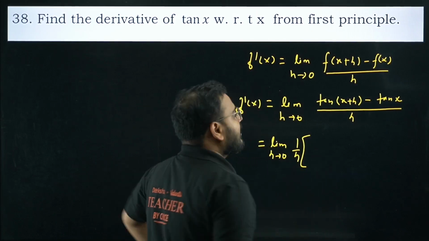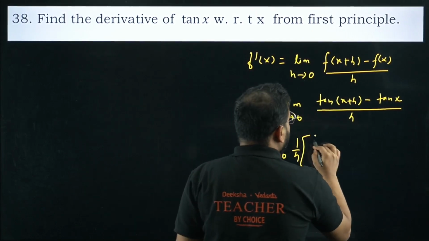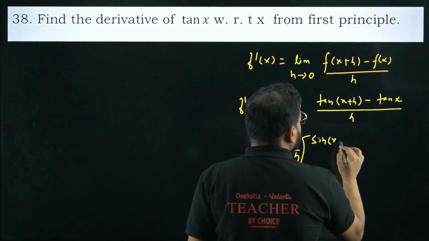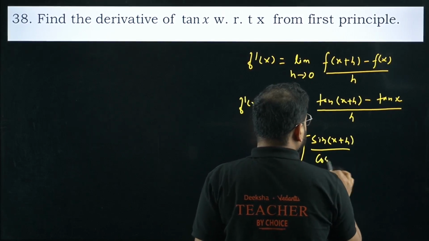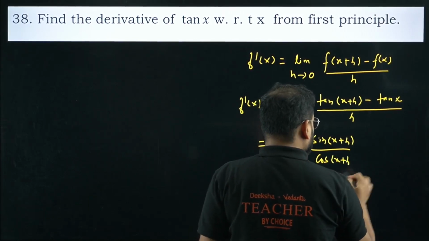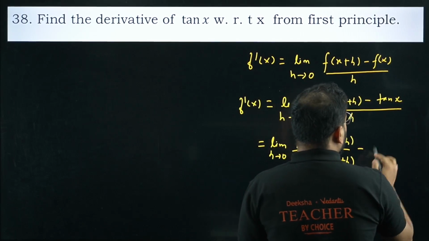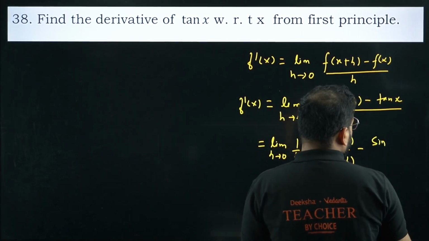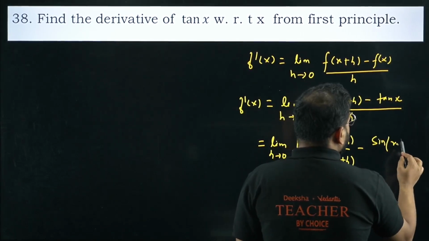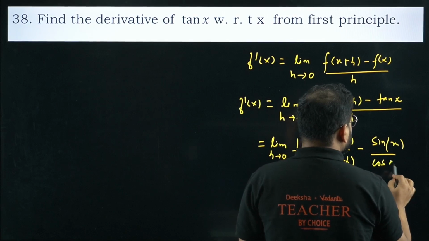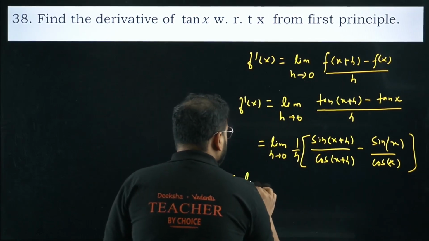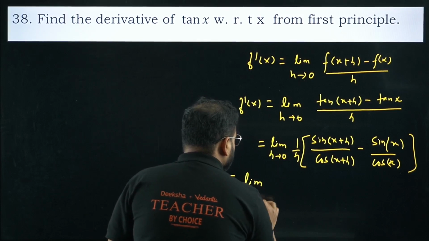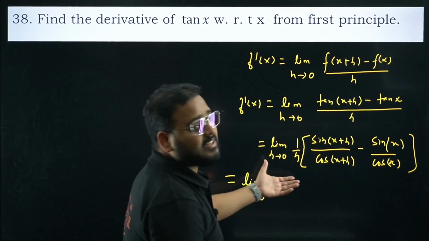Now this tan, I can write as sine by cos, no? So sine of x plus h by cos of x plus h, minus sine x upon cos x. Let's take the LCM. What I'm getting over here is limit h tends to 0. This is a derivation actually.